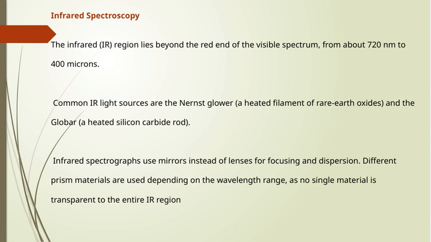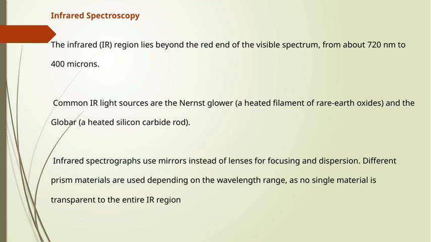Now, unlike visible light instruments, infrared spectrographs use mirrors instead of lenses for focusing and dispersing the light. This is primarily because mirrors are more effective at handling IR wavelengths. And because no single material can transmit the entire IR spectrum, different prism materials are used depending on the specific wavelength range we're working with.